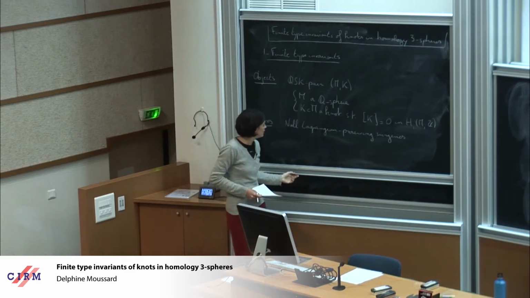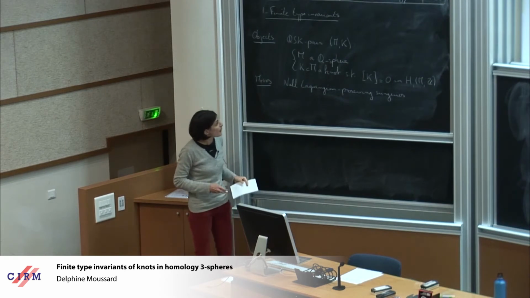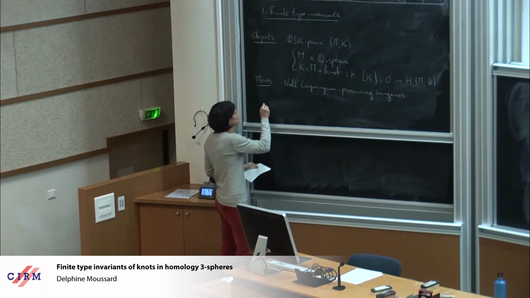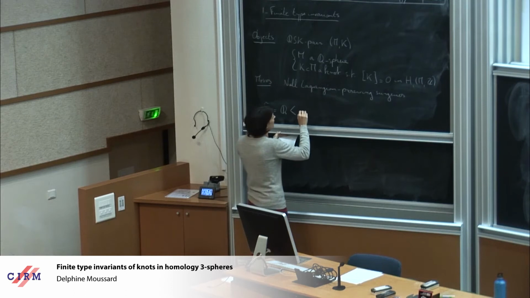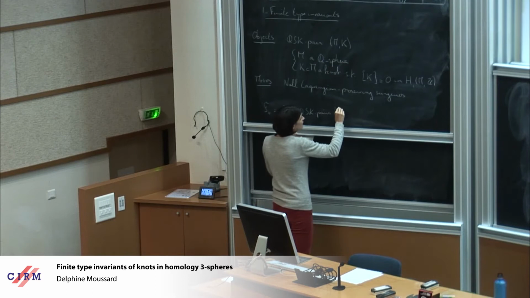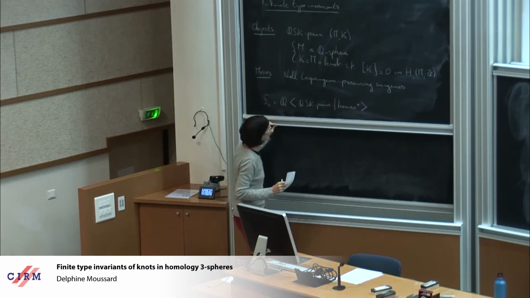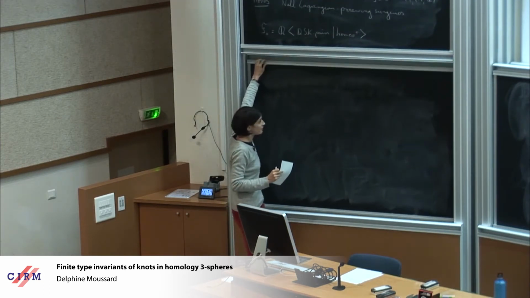So now with this set of objects and this set of moves, we can define the notion of finite type invariants. So for this, we introduce a very formal rational vector space, F_0, which is the space generated over Q by all QSK pairs up to orientation preserving homeomorphism. And we consider a filtration of this space.